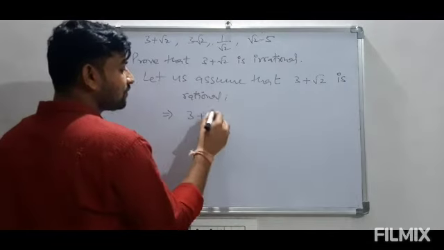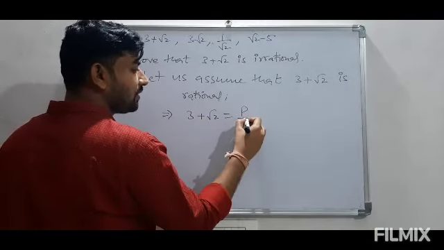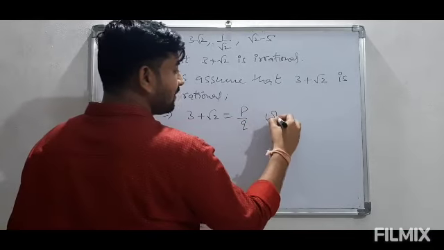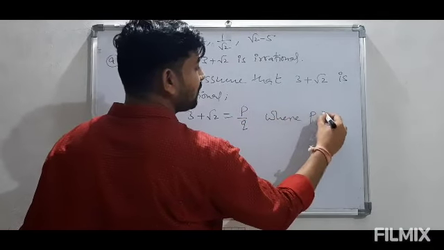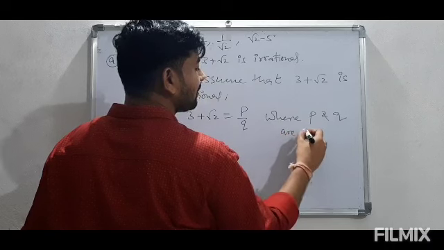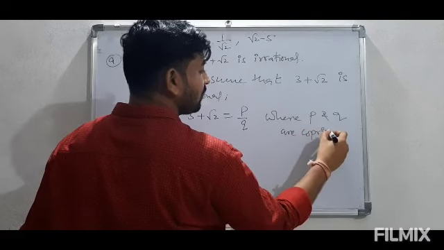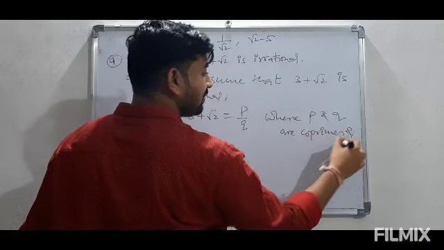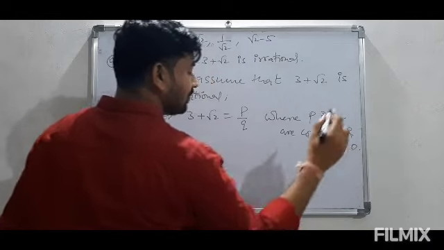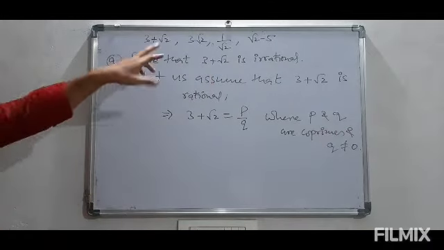So that is, we can write 3 plus root 2 is equal to p by q, where the same thing we have to write, p and q are co-primes, and q is not equal to 0. This is the same assumption for all these parts.